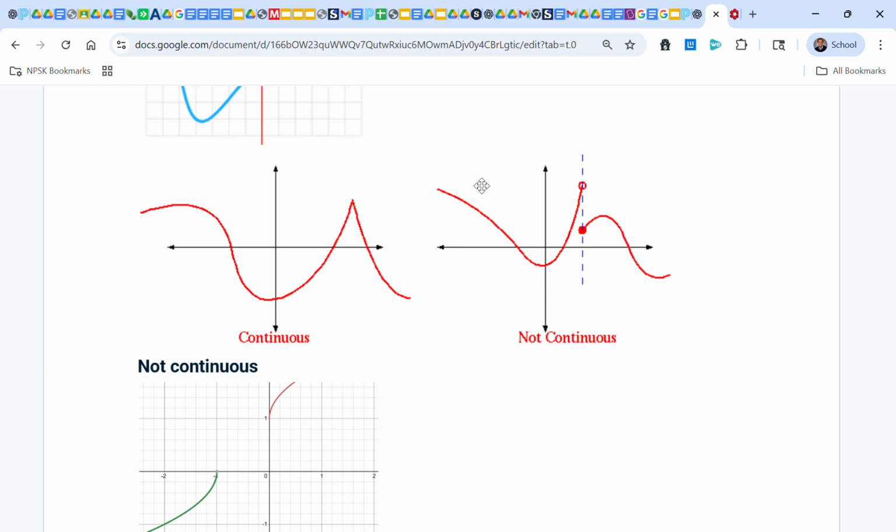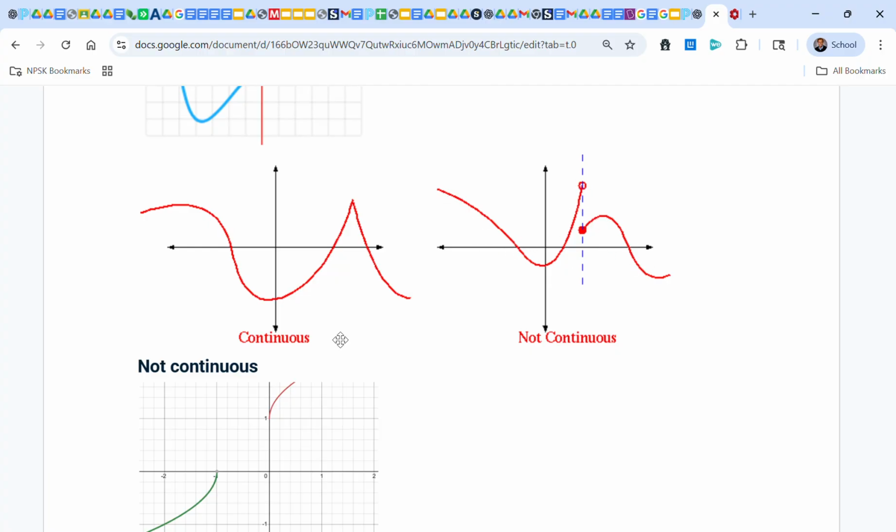And if I was to do this function over here, I would take my pencil and draw this, and then I'd actually have to jump from here to here. This would not be continuous. This would be a discontinuous function. It's called a jump discontinuity because we have to physically jump to go from here to here.